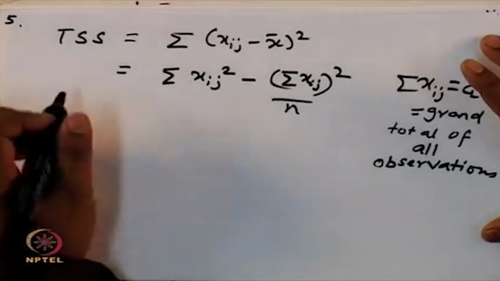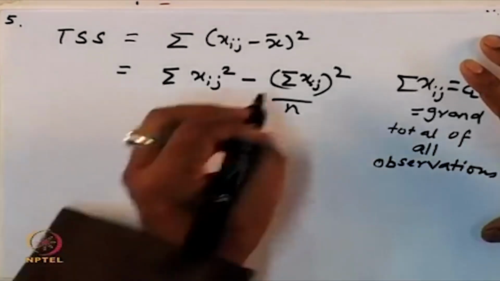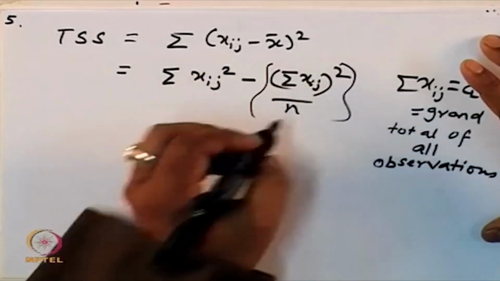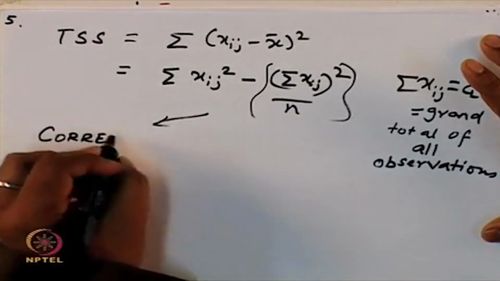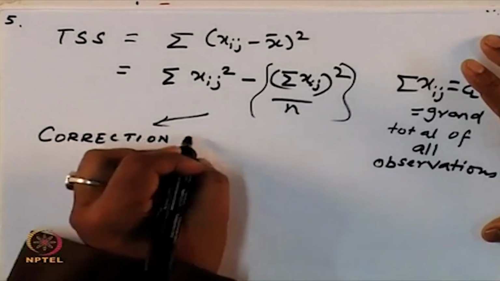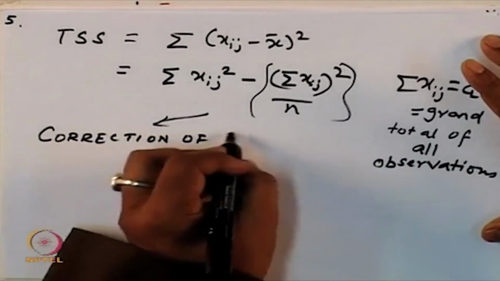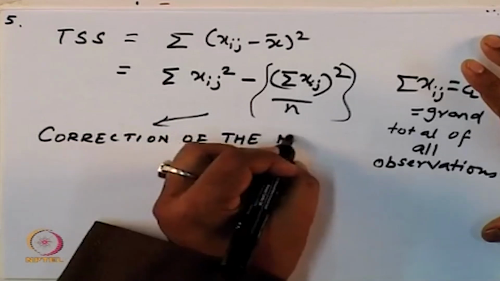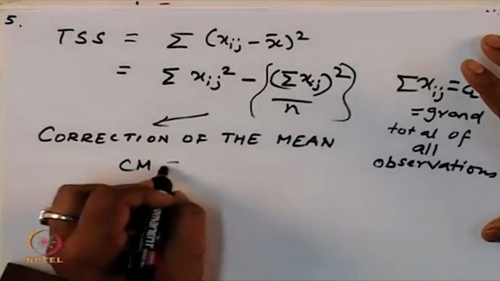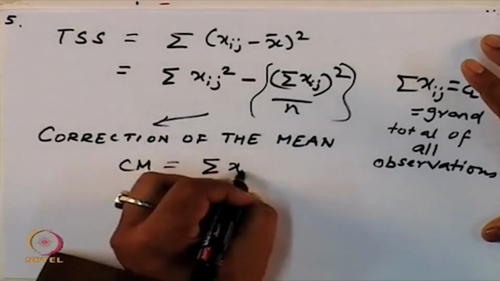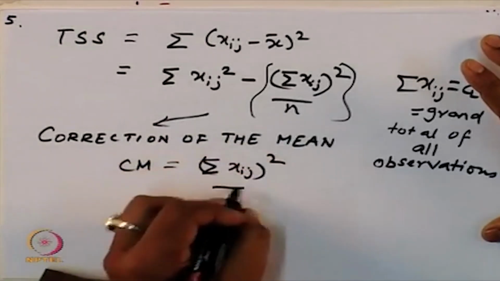Okay. And this term, okay, so this term is referred to as correction for the mean, and referred to as Cm. So, your Cm is given by summation of Xij whole square by n.